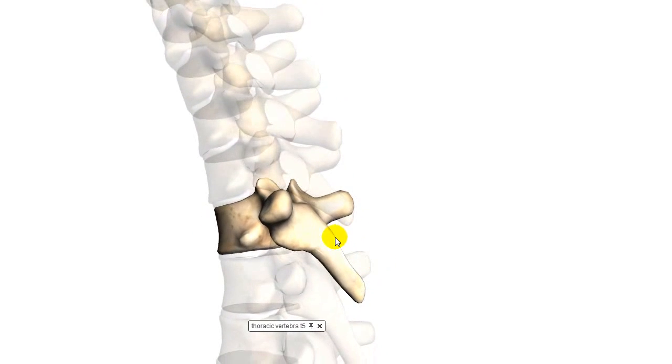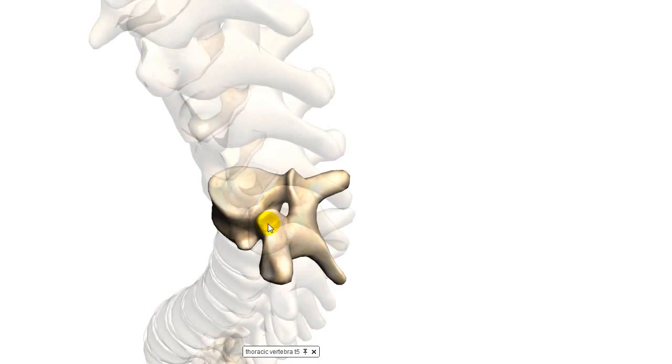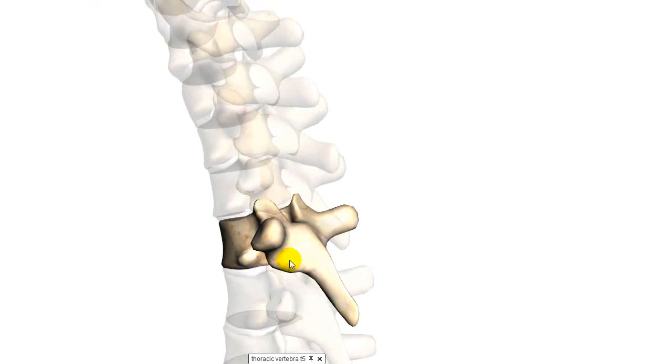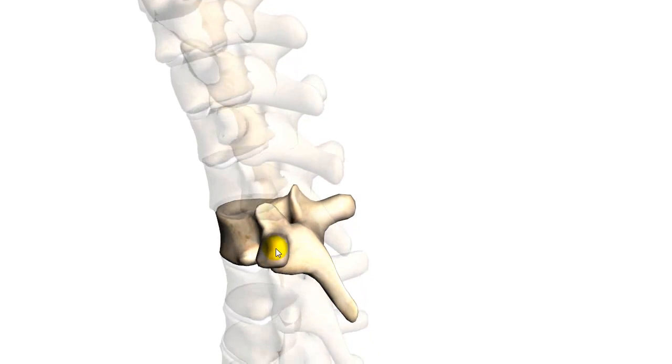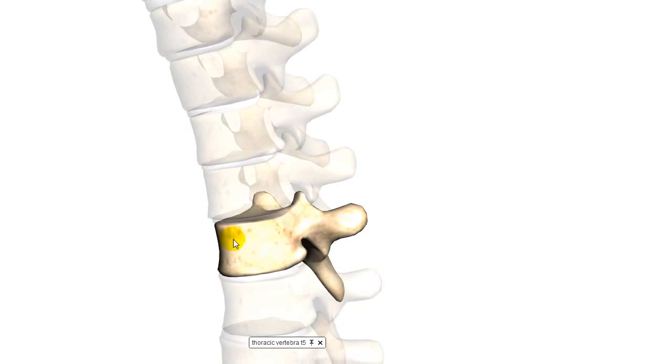And then at the back you've got the spinous process. So that's 7 things that are attached to the neural arch: the superior and inferior articular processes on both sides, the transverse processes, and the spinous process. Okay, so I'll just rotate that around so you can have a good look.